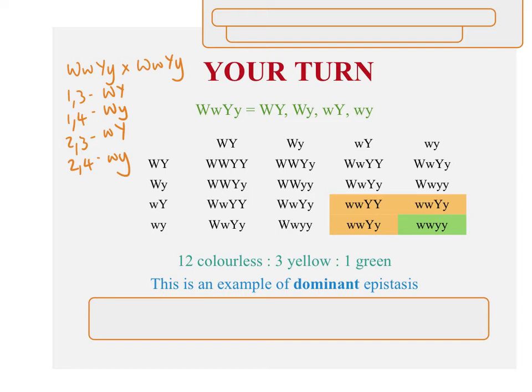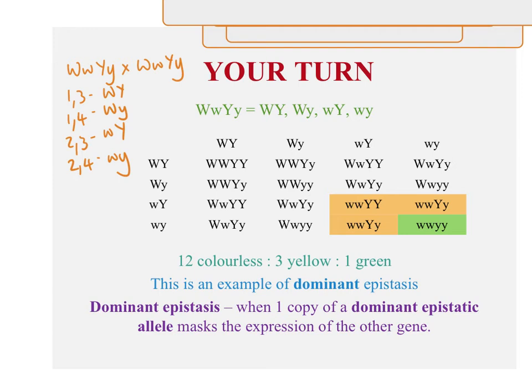Whereas this example, dominant epistasis, is where one or more copies of the dominant epistatic gene, so in this case big W, masks the expression of the other gene. So in all of these offspring, regardless of whether they've got two big W's or a big W and a little w, that big W is basically saying no colour, you're going to be a white squash. Dominant epistasis, that dominant allele stops or controls the phenotype.